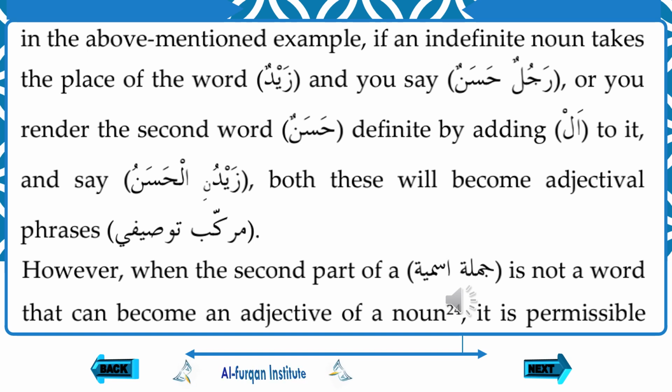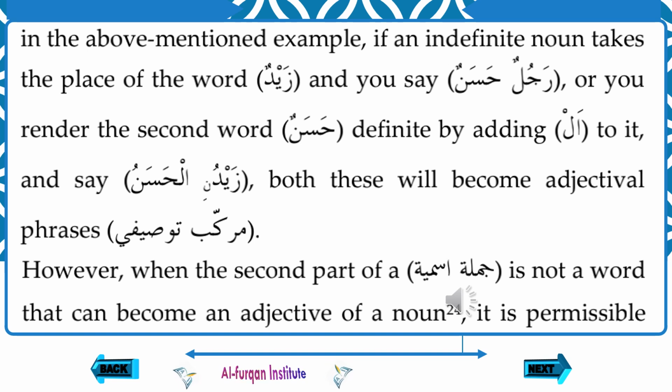Zaid here is definite because it's a proper noun, and all proper nouns are definite. And al-hasanu is definite because it has al, so it is ma'rifa bil-lam. So this is also not a normal nominal sentence because it's an adjectival phrase, since both words are definite.